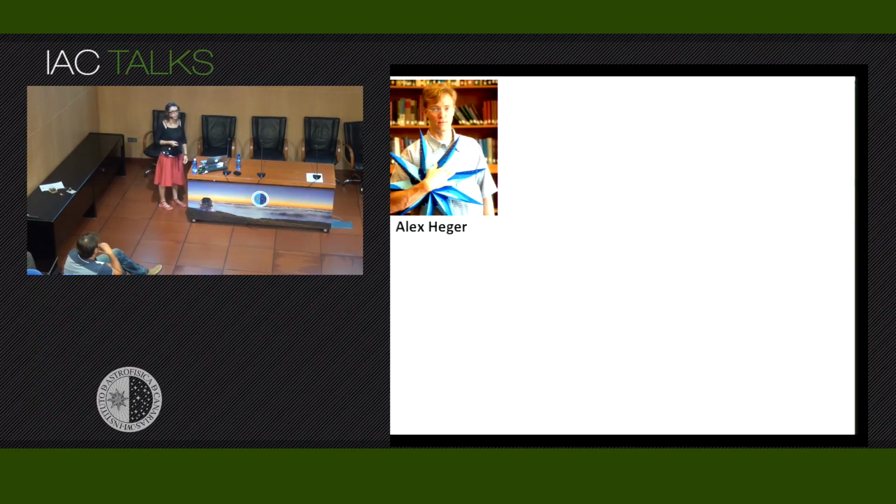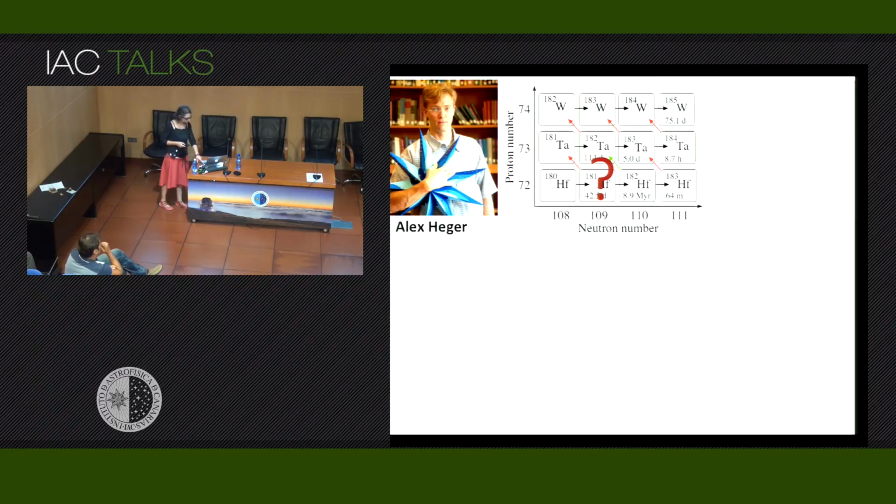So we decided this was an interesting project that we could work on together. The idea was, okay, let's have another good look at this hafnium-181. Let's put the latest nuclear physics information we have on this nucleus and see what happens in the supernova model, if they can actually produce it to explain the solar system abundance.